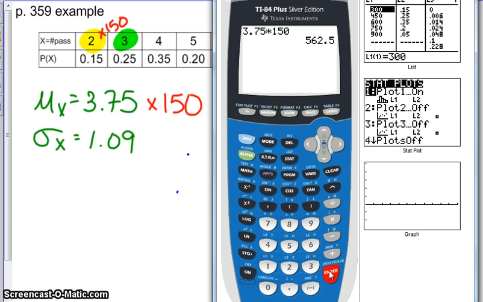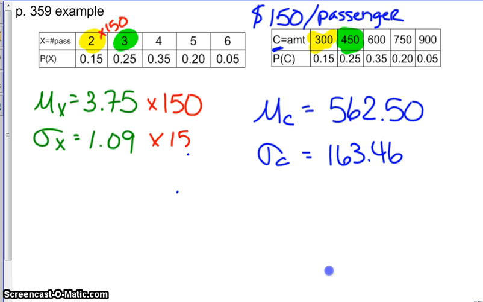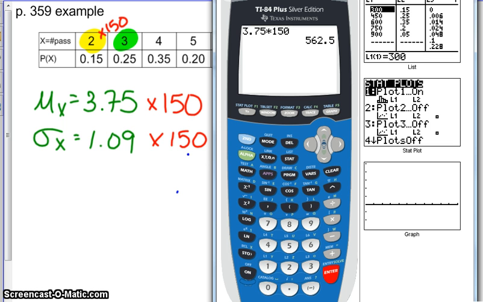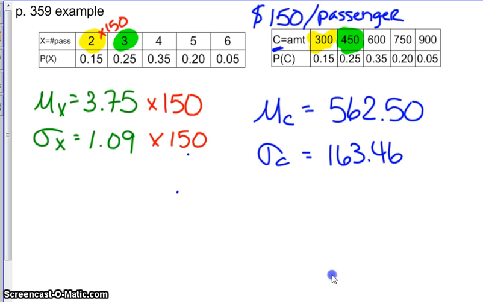I'll do the same thing here because I multiplied. I can multiply my standard deviation by that 150. And I get to my 163.5. So rather than having to recalculate my mean and standard deviation for a new table, I can just make those transformations from my original mean and my original standard deviation.